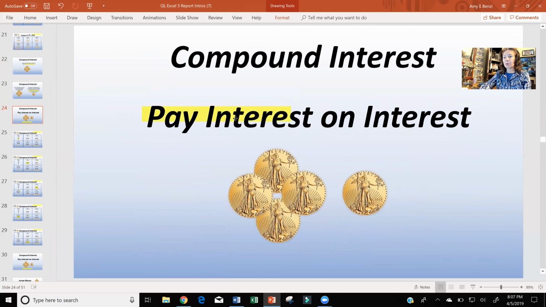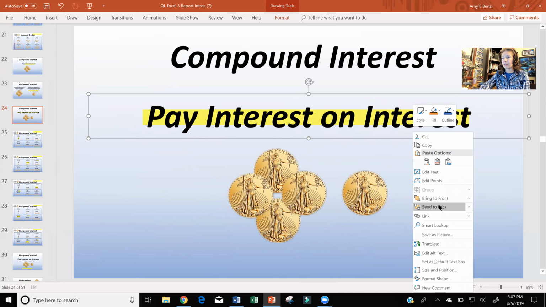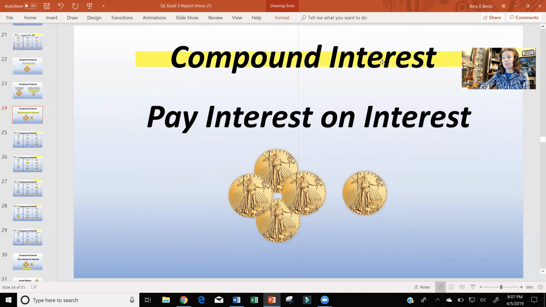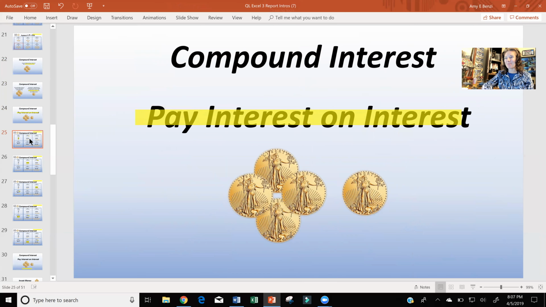The most important thing is that when you're paying back compound interest, you're actually paying interest on interest. So compound interest means that you're paying interest on the interest that you're accumulating.